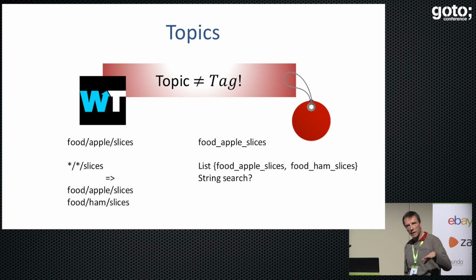And that becomes really useful if later on, after we've implemented our topic, we want a completely new type of conversation going on that we never anticipated when we designed this. It's just a matter of publishing to the right topic and creating the right subscription. So the whole idea here is that a topic is not the same as a tag. If you use a hierarchical topic system with wildcarding, you get so much flexibility, and you get true decoupling between the consumers and producers of the data and the topic structure itself.